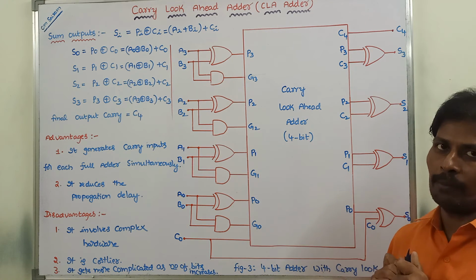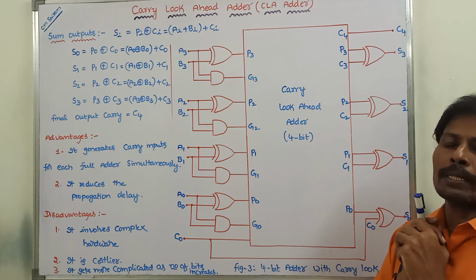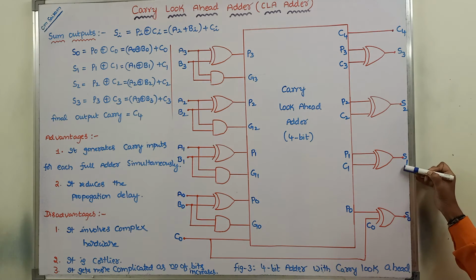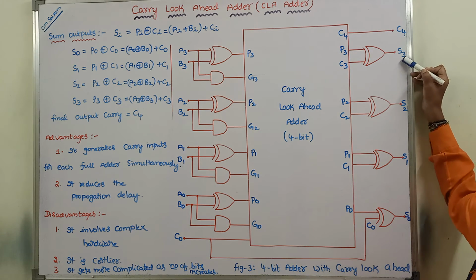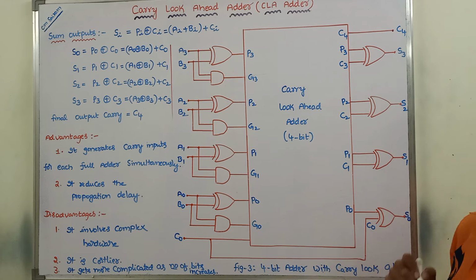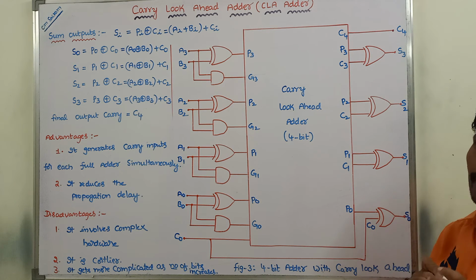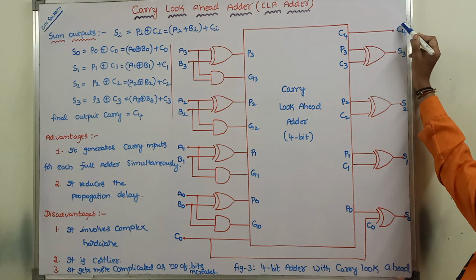What are the outputs in the diagram? They are S0, S1, S2, S3, and the final carry output is C4. S0, S1, S2, S3 are called the sum outputs and the final carry output is nothing but C4.